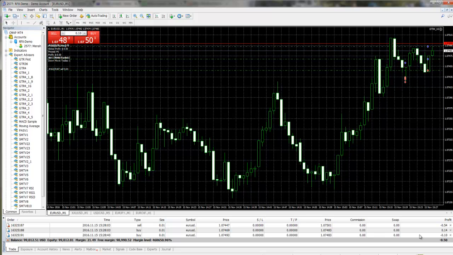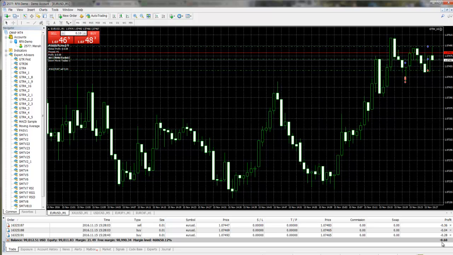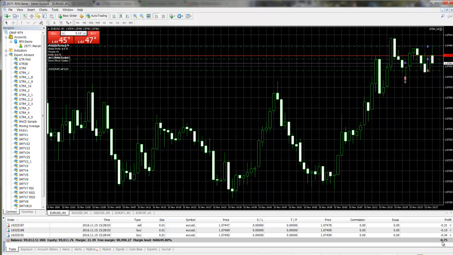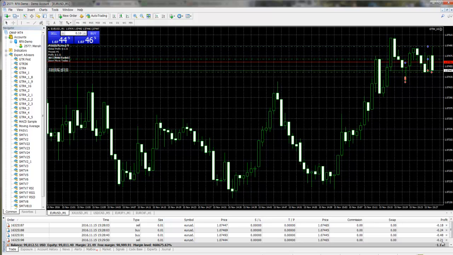You can see, by the way, that the total balance right now is almost break even, which is nice under the circumstances, because otherwise it would probably be in a bigger minus because of the spread, the difference between the bid price and the ask price.